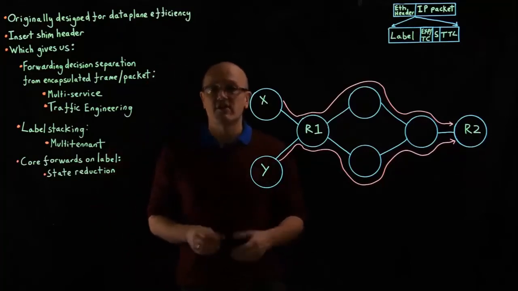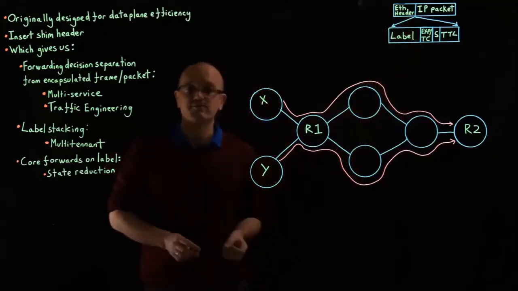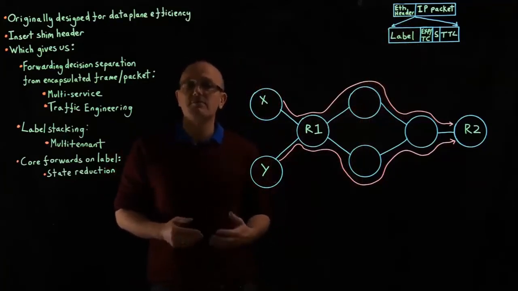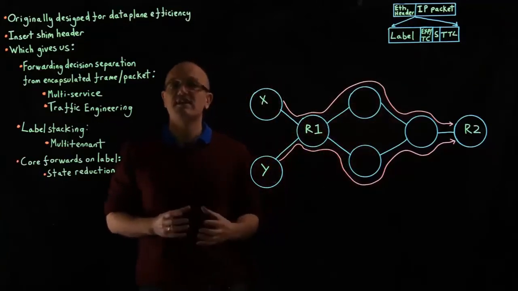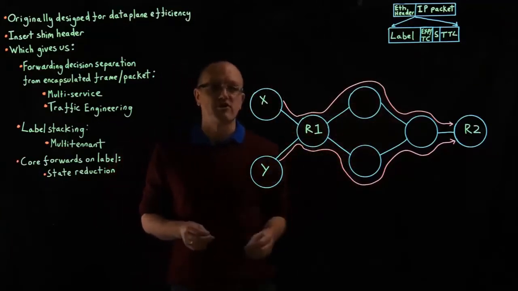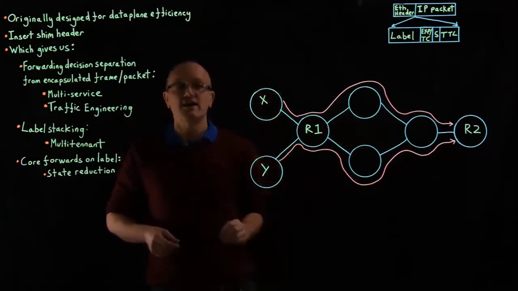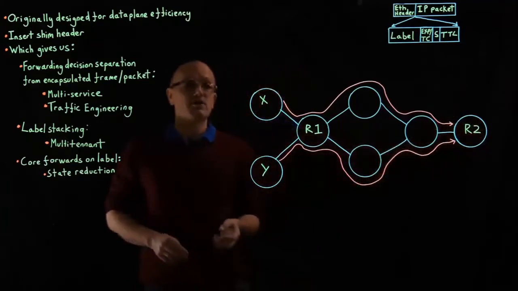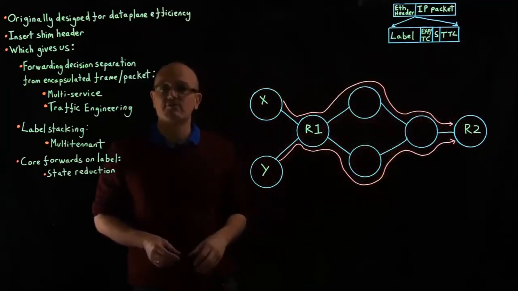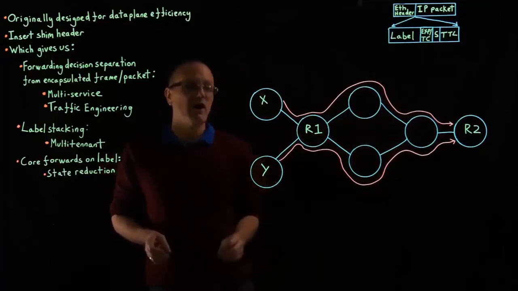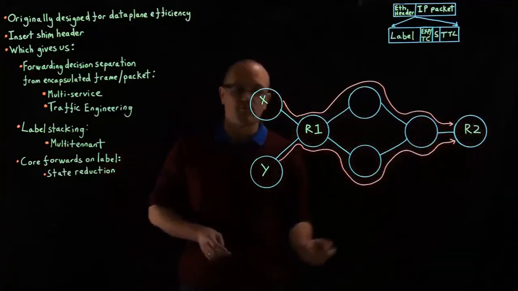So if we separate the forwarding from destination IP, and instead we're forwarding on this label value, we can establish arbitrary label switch paths through our network using different parts of that network infrastructure. So we can have a label switch path from source X to router 2 using this uppermost path, and we can have a separate label switch path between source Y and router 2 using this bottommost path through the network.